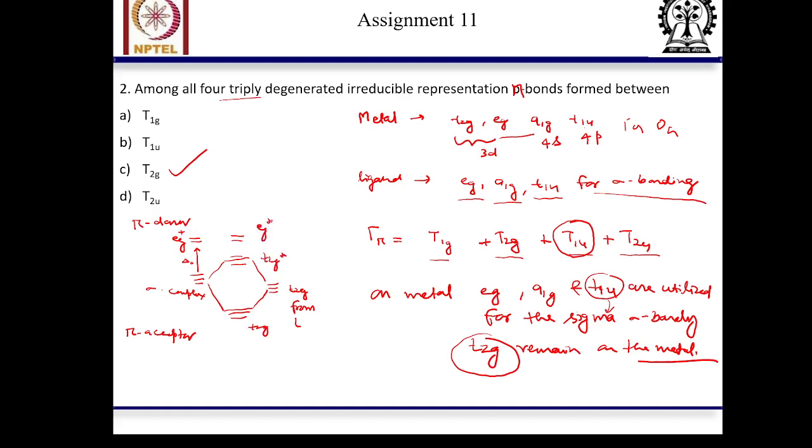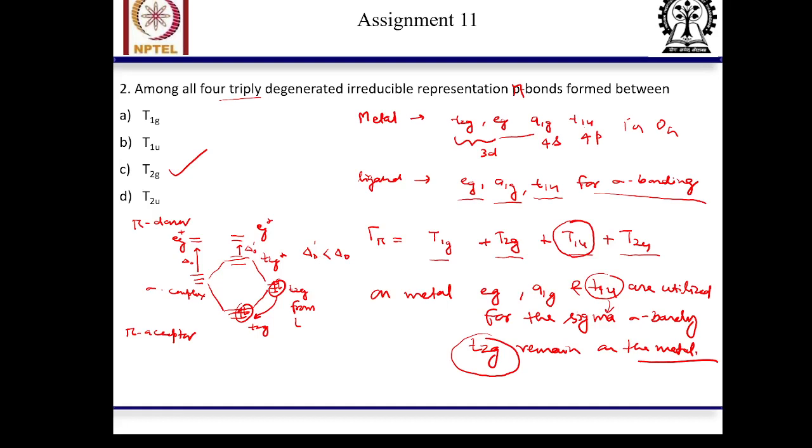Previously your delta 0 was this; now because this is filled already by the pi electrons from the ligand, the actual delta 0, this delta 0 dash, will be lesser than delta 0. So a pi donor will be a weaker ligand compared to just a sigma donor.